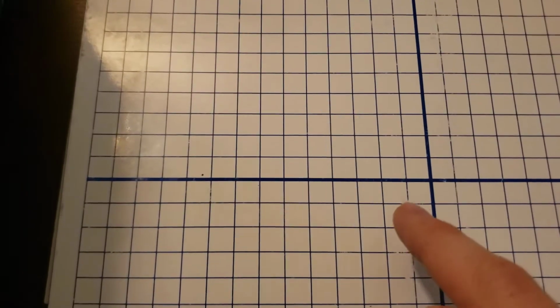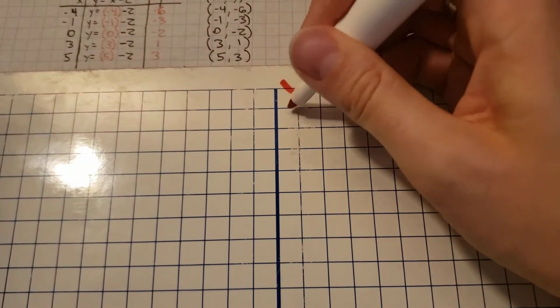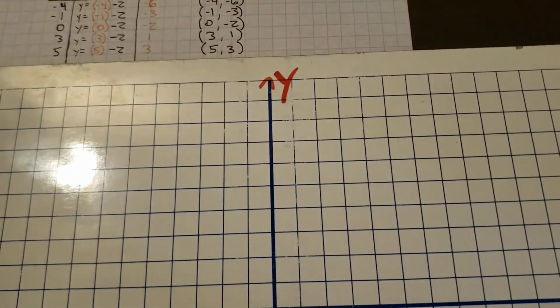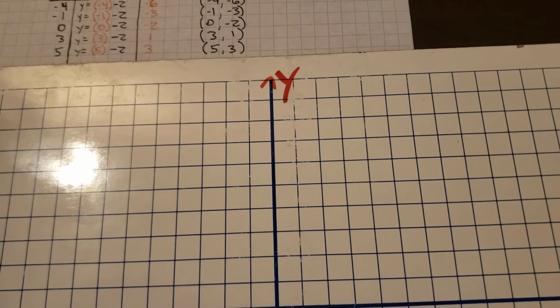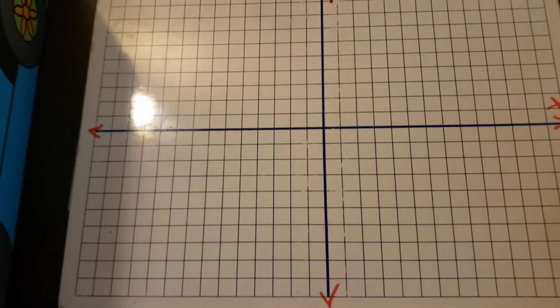Okay, so again, I've got my vertical axis, which I'm going to call y, and it has arrows on the end, and arrows over here, and arrows down here, and arrows over here. This one I'm going to call x. All right, there's all my arrows.